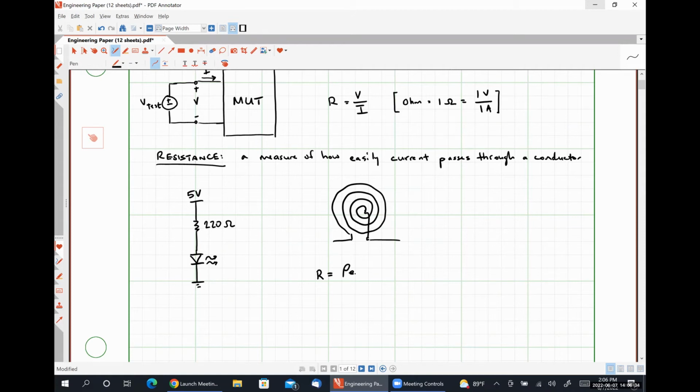And then it's also dependent on the geometry of the property by length divided by cross-sectional area, which is why a heating element like a coil is such a good way to create a heating element resistor. It has a very, very long length and a very, very small cross-sectional area, which means you can get a lot of resistance out of it and therefore convert a lot of electrical energy into heat.